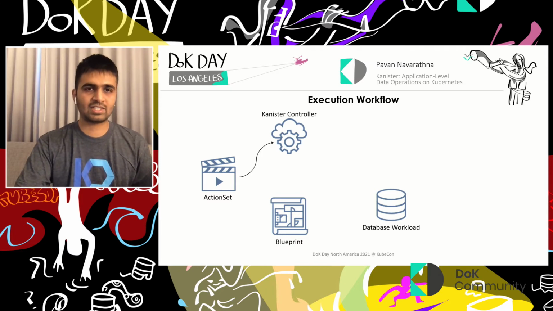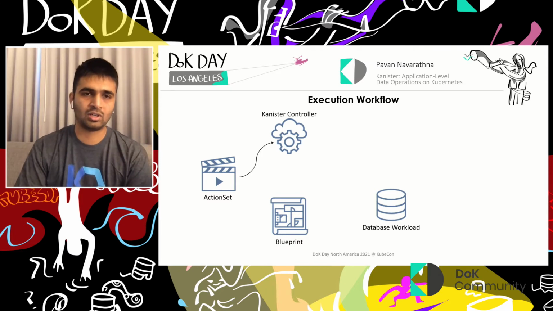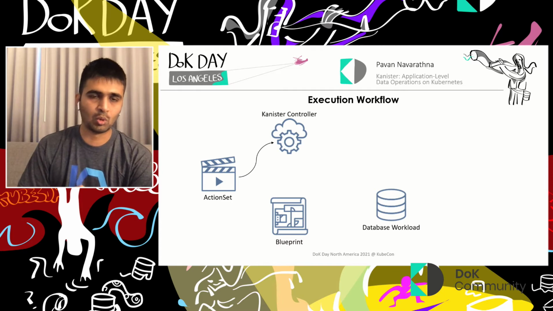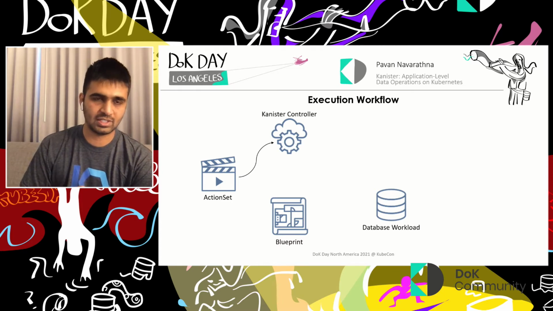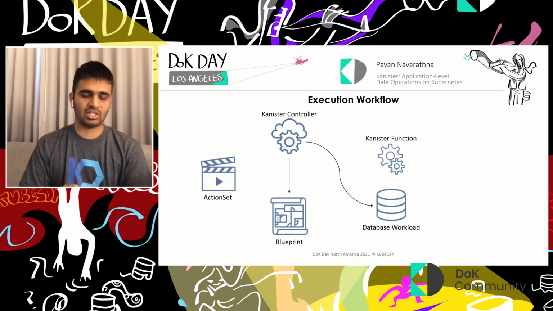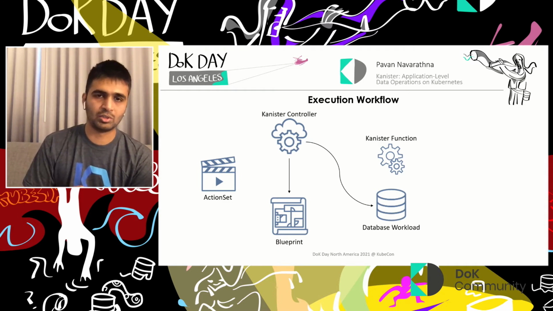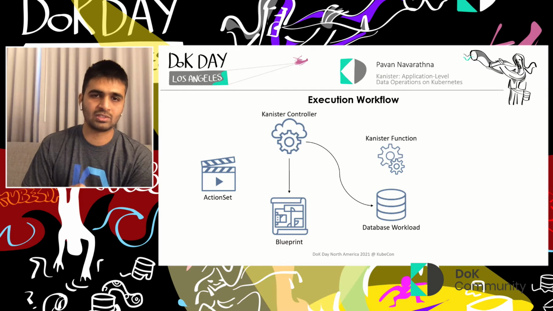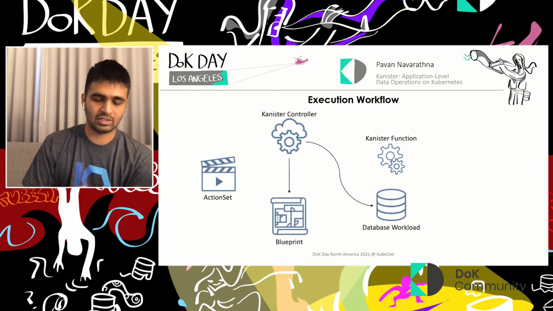Once the action set is created, the controller discovers the blueprint referred to in the action set, gets the definition of that action, and then interacts with the database workload using a Kanister function. If we use a kubetask, it is going to spin up a pod, and that pod is going to connect to this database workload and then execute whatever command we have provided.